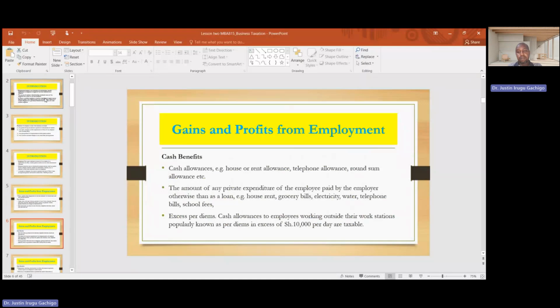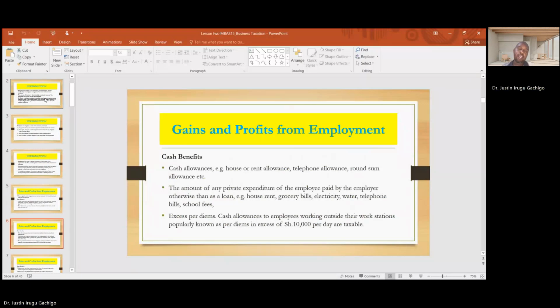That is when you are out of the workstation, for example, you work in Chuka County, but your employer sends you to Mombasa County. So you are allowed a per diem of 10,000 per day. So if it exceeds 10,000, then it is going to be taxable.